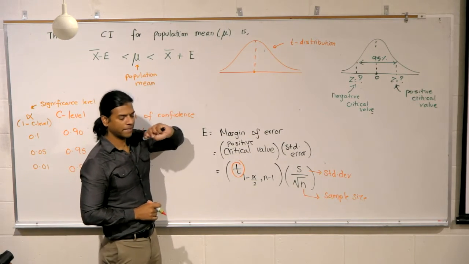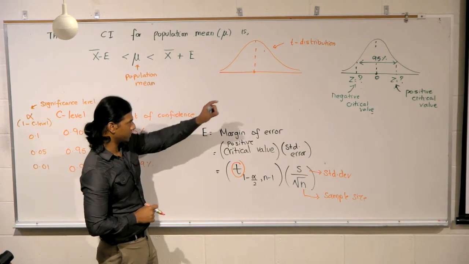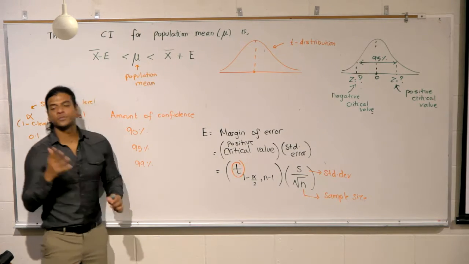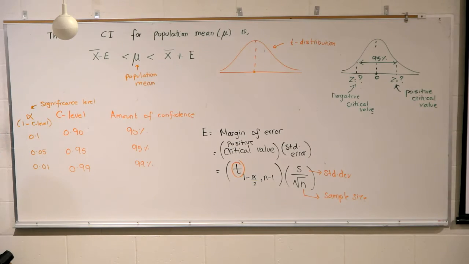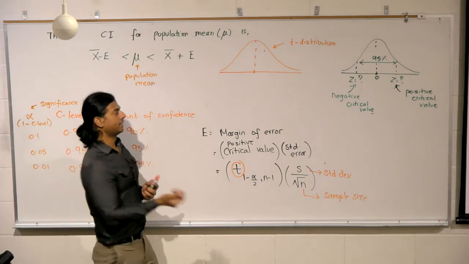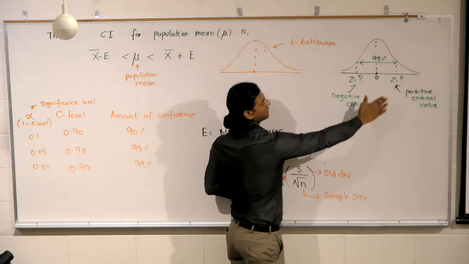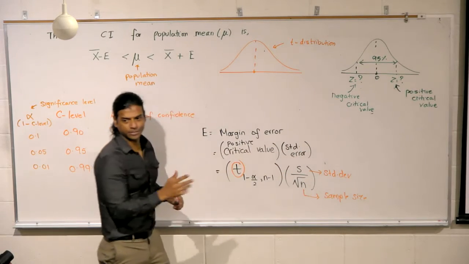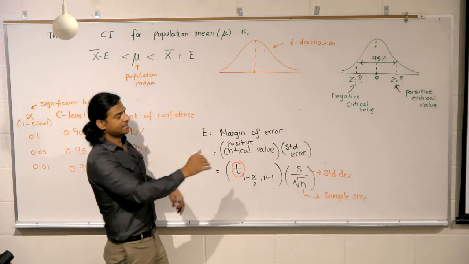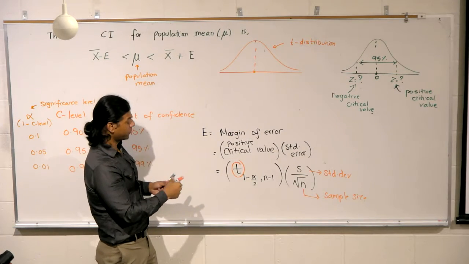So you may not be able to notice the difference between a bell curve and a T distribution. In terms of shape, both look very similar. But in terms of the numbers in the formula, T distribution is different from a standard normal distribution. Good. So I'm just going to take the same notation and transfer it over here.